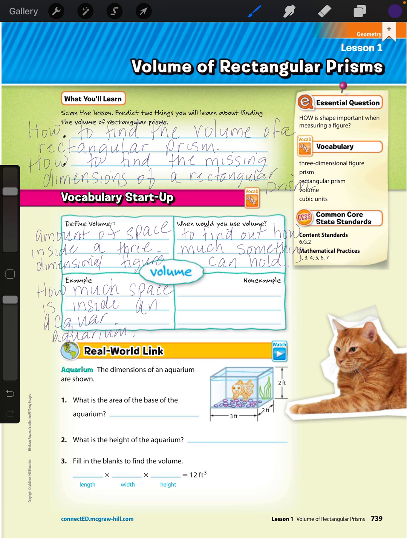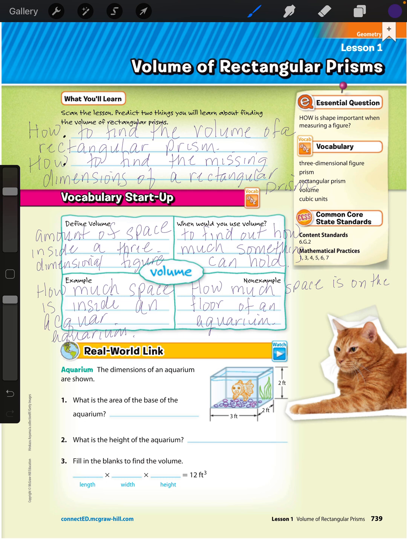How much space is on the floor of an aquarium. Let's spell it right this time. All right, great.